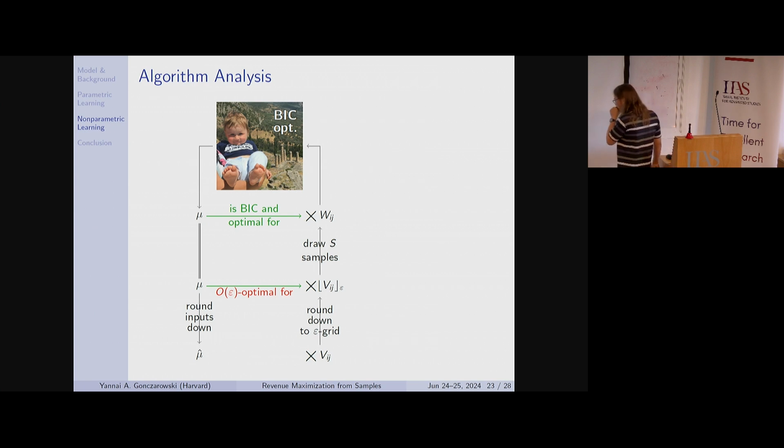The first thing I want to prove to you is that this is, up to order of epsilon, by which I mean some constant times epsilon, optimal for this original discretized distribution. So I'm going to prove to you that mu attains similar expected revenue over this and this. This is going to be the first step.